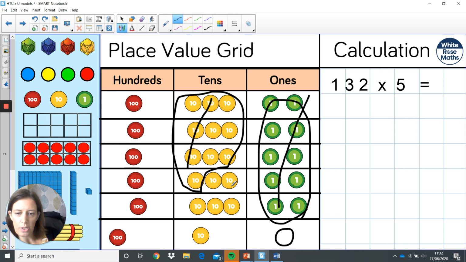And now I've got 6 tens in there. And let's count up my hundreds. 1, 2, 3, 4, 5, 6 hundreds in there. So 132 multiplied by 5 is 660. Okay.